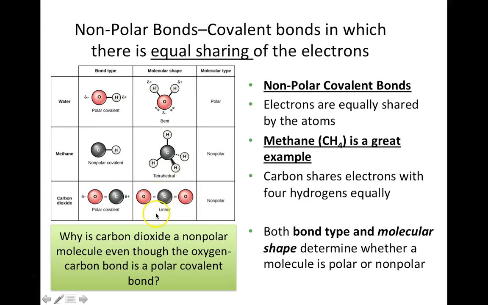The linear structure of carbon dioxide is another, where the electrons are separated far enough apart that they're not going to form any kind of polar or slight positive or slight negative charge between each other.